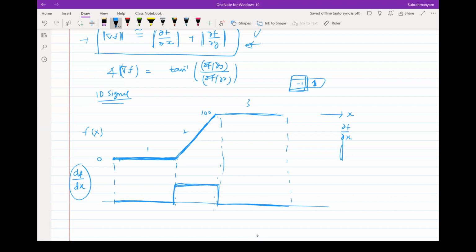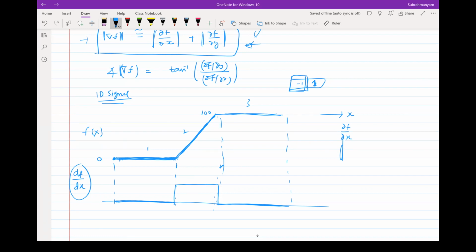Suppose this is my 0 and this is my 100, then this is equal to 100x, and the derivative of it would be equal to 100. But we are not worried about the exact values here, so let me drop that, but you are getting something like this.